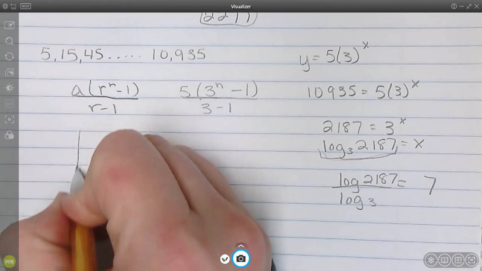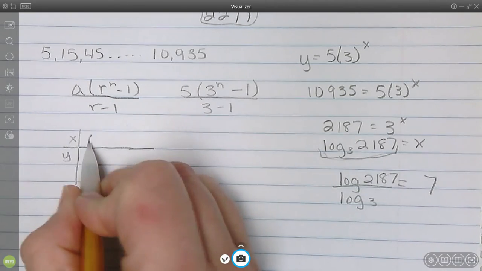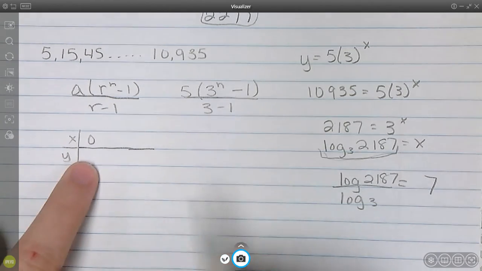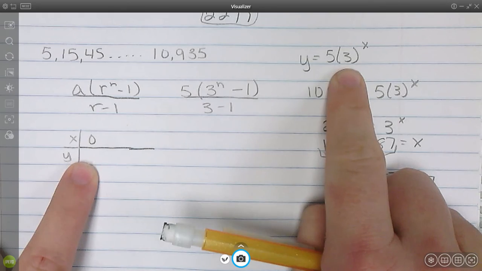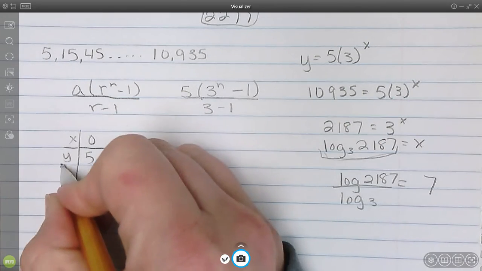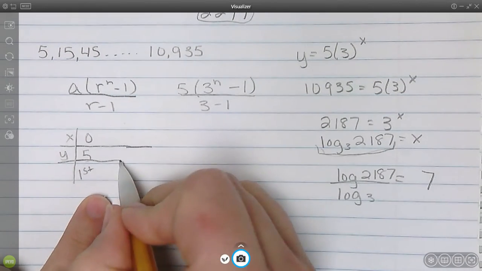So I'm going to make that little table. X, Y. So if I plug in 0 to this equation right here, 3 to the power of 0 is 1. 5 times 1 is 5, which is our first term. So you should start seeing patterns.